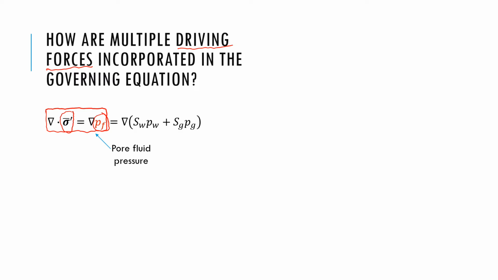Now the fluid can be water or it can be gas. So the fluid pressure can be written as a weighted average of the pressure in the liquid phase and the pressure in the gas phase, weighted by the saturations.